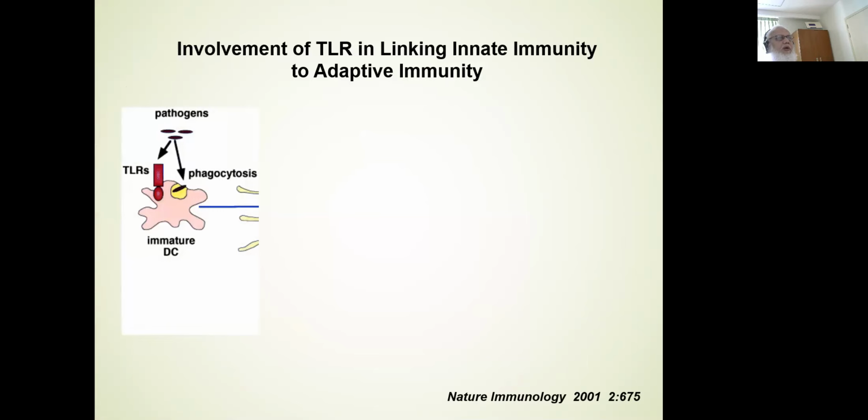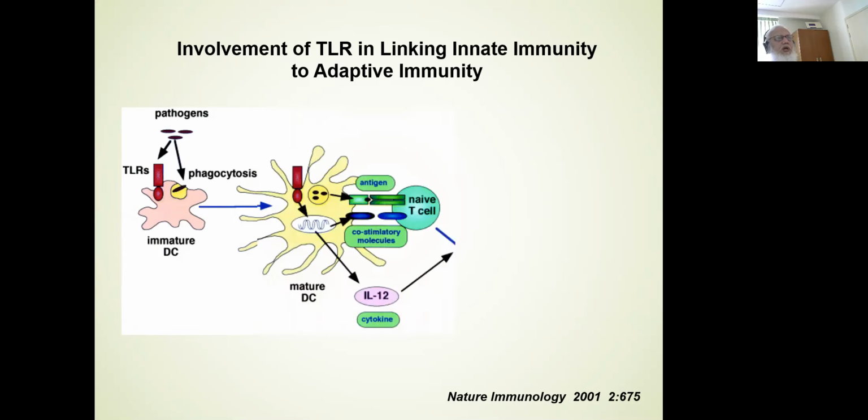When a pathogen by its pathogen-associated molecular pattern binds with a toll-like receptor, which is a signaling receptor, it will lead to production of interleukin. But if it binds with the endocytic pattern receptor, that will lead to phagocytosis.